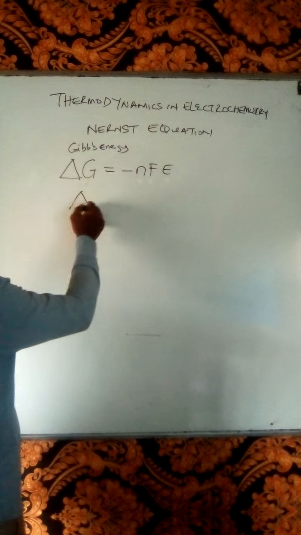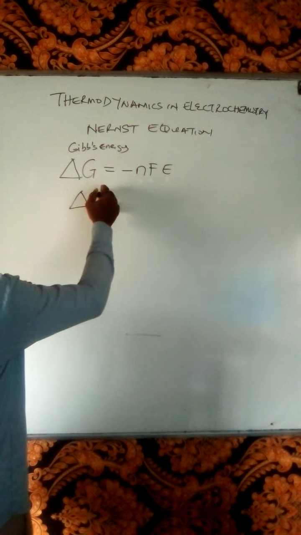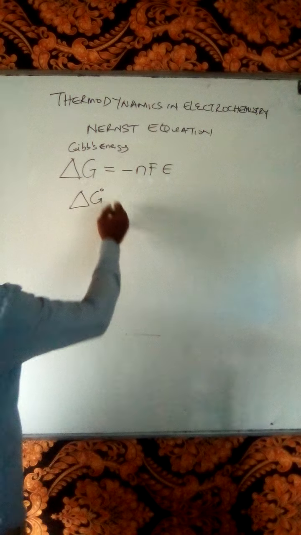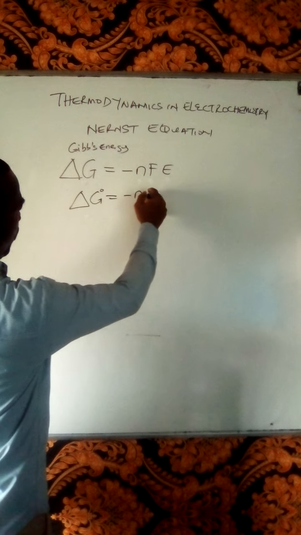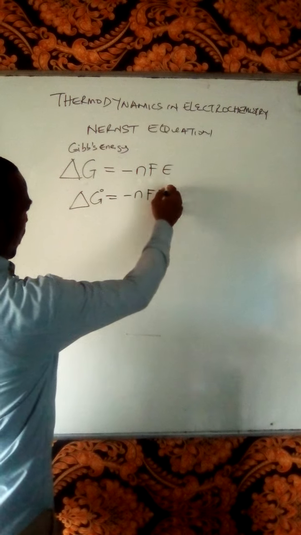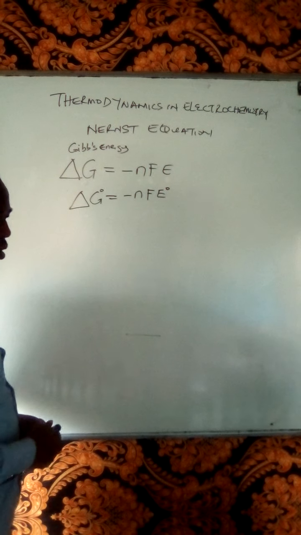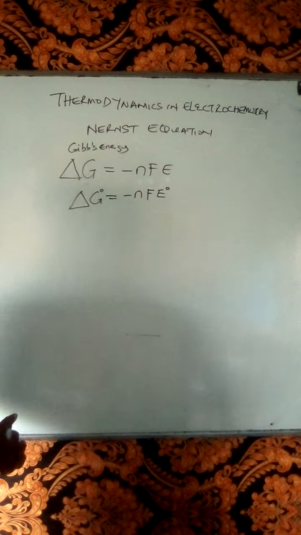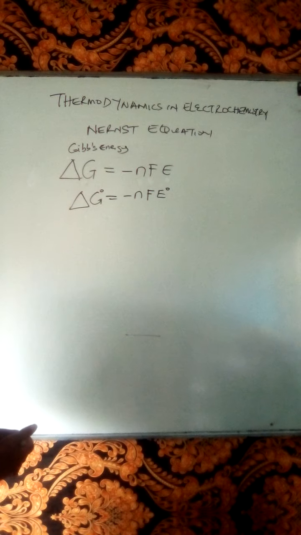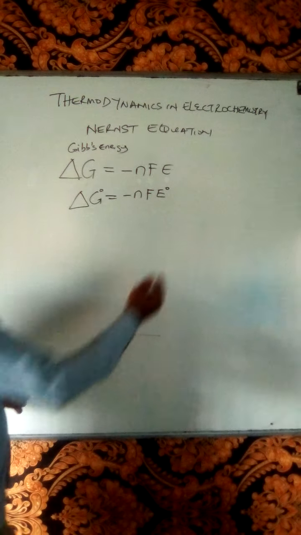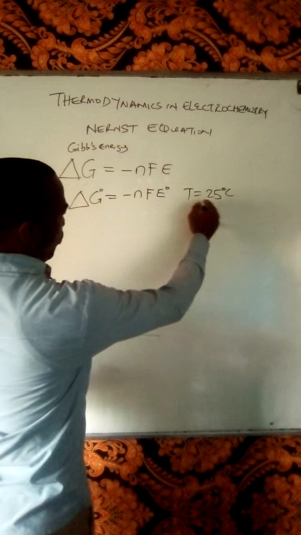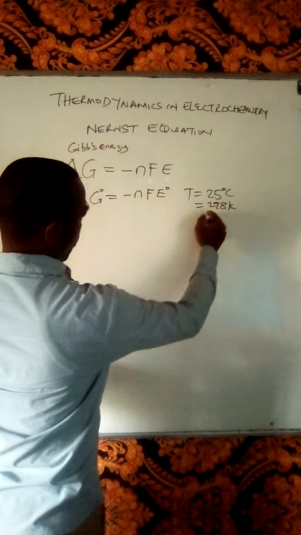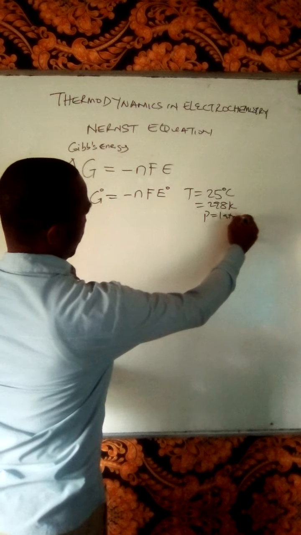Also, we should know that delta G at standard state is given as minus the number of moles times the Faraday constant times the cell potential at standard state. What do we mean by standard state? That is when the cell potential is measured at 25 degrees Celsius, which is equivalent to 298 Kelvin, and a pressure of 1 atmosphere.